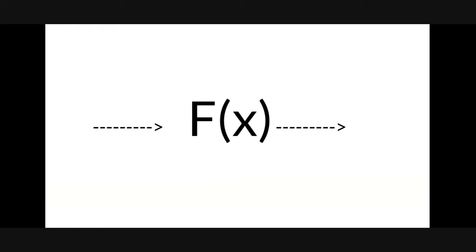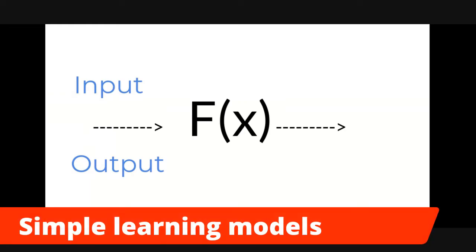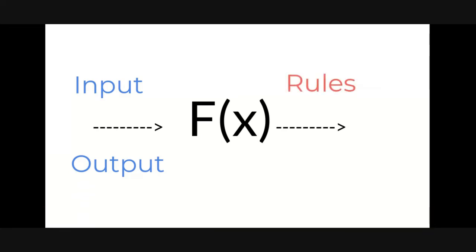This is a standard representation of any ML model. It takes an input, and it takes the output also, the examples. And what does our model return? It returns the rules. The rules are basically the patterns that the model finds in our data set.